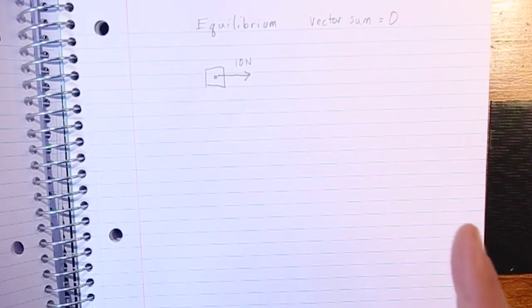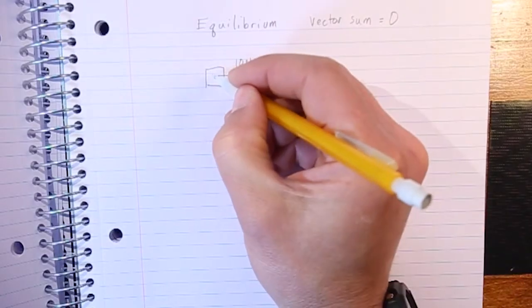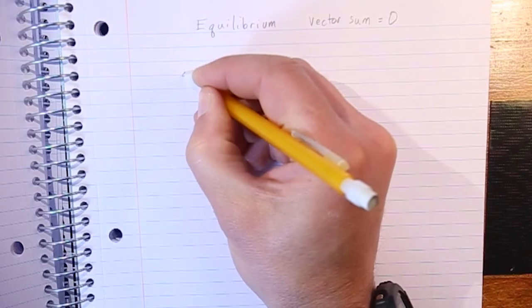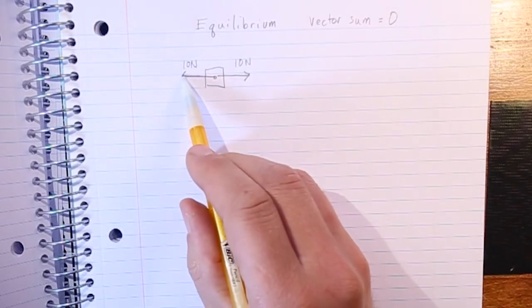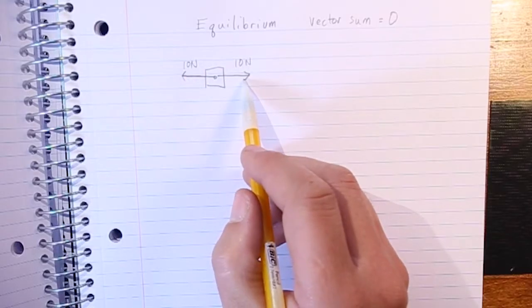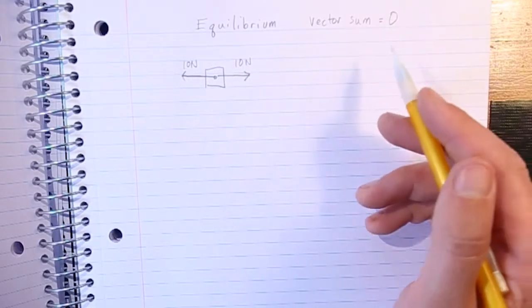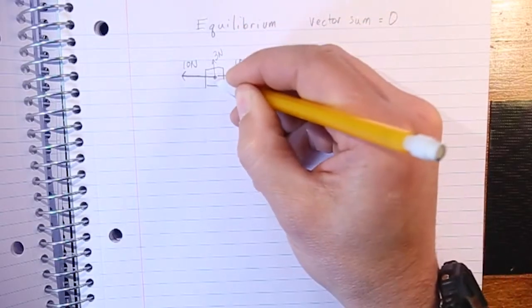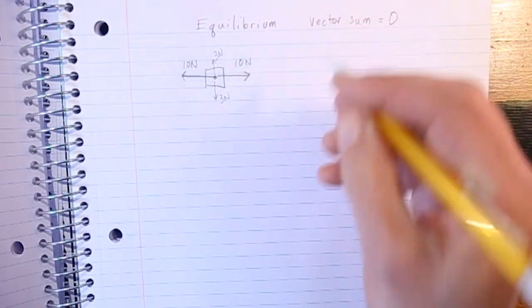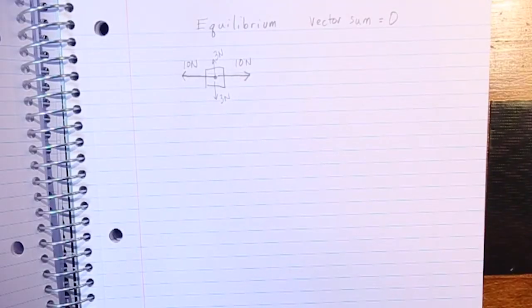To get this system in equilibrium, we would need to have 10 newtons to the left. So this is a negative 10 Newton vector and a positive 10 Newton vector, which gives us a vector sum of 0. We could also say we have a vector up of 3 newtons and down of 3 newtons, and this system would still be in equilibrium.